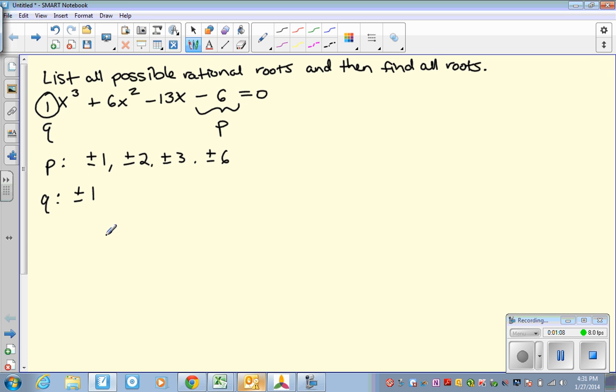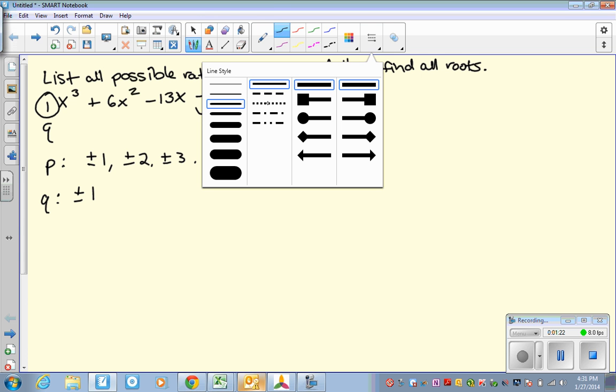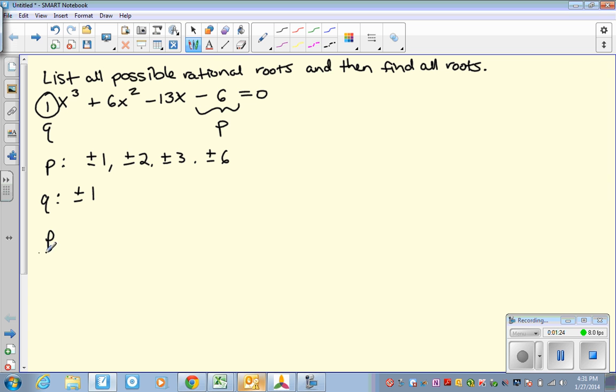and -1 itself. So now if we take this P and Q, our possible roots are formed by P over Q. Well, since Q is just 1, it's always going to be 1 over 1, 2 over 1, 3 over 1, and 6 over 1.